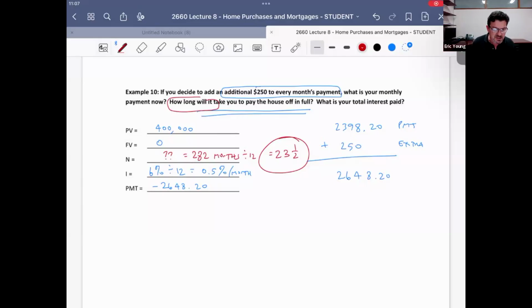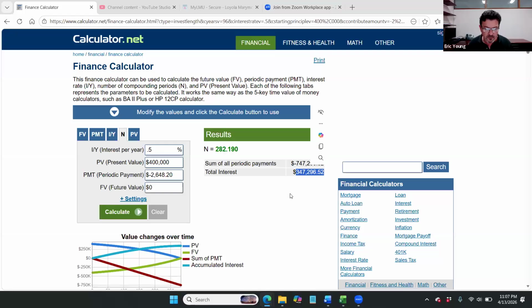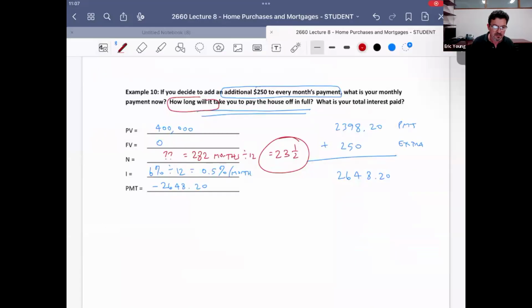Real quick, there was one second part to this problem. The total interest, 347,296.52. So here we go. And once again, you can see, 250 bucks, that's a little extra cash you had to put out.